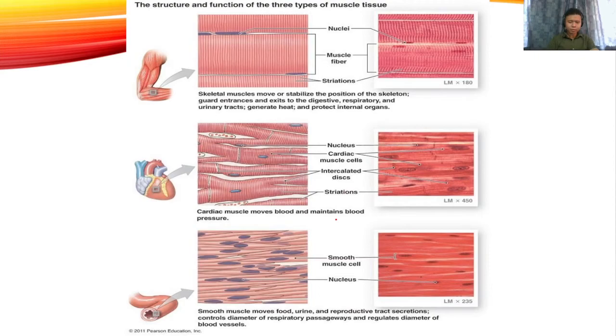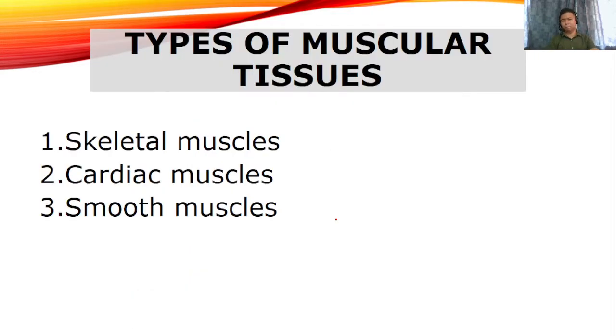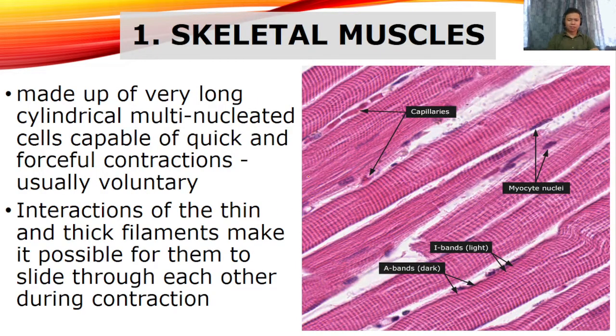Moving forward, let's discuss the types one by one, individually. Here we have the skeletal muscles, cardiac muscles, and the smooth muscles. The skeletal muscles are made up of long cylindrical multinucleated cells capable of quick and forceful contractions, usually voluntary. So the majority of the skeletal muscles are voluntary.